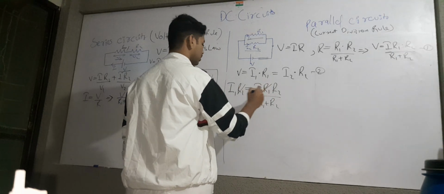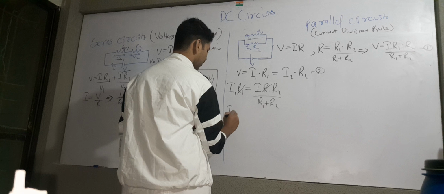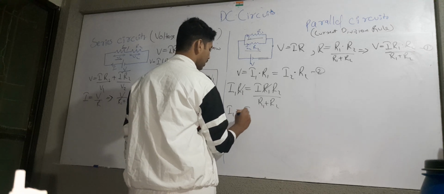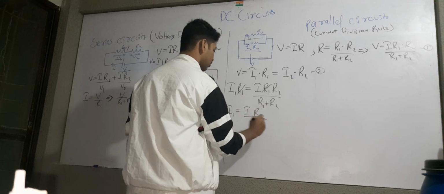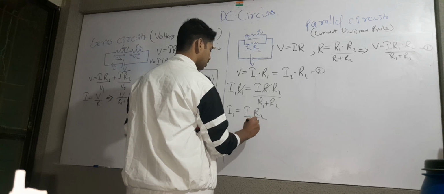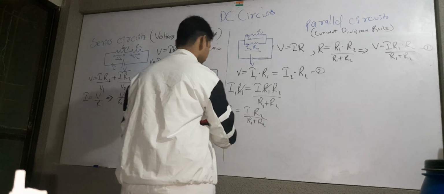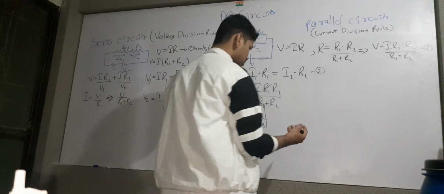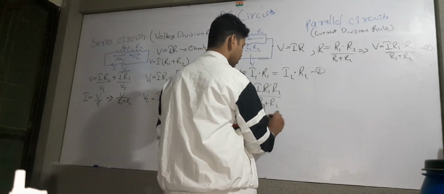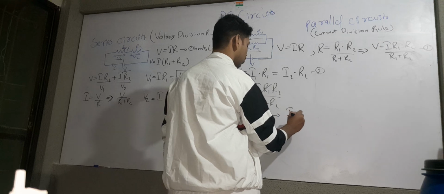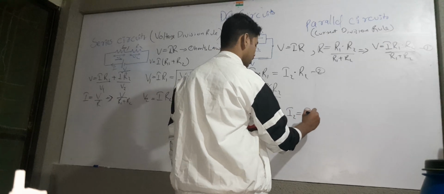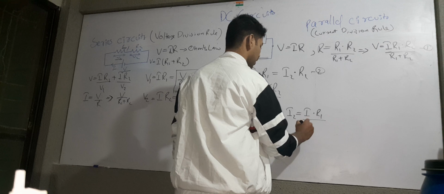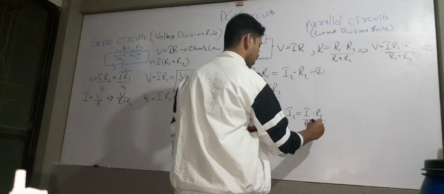Now we cancel the like terms, and I1 is equal to I R2 by R1 plus R2. And similarly for I2 we get I2 is equal to I times R1 by R1 plus R2.